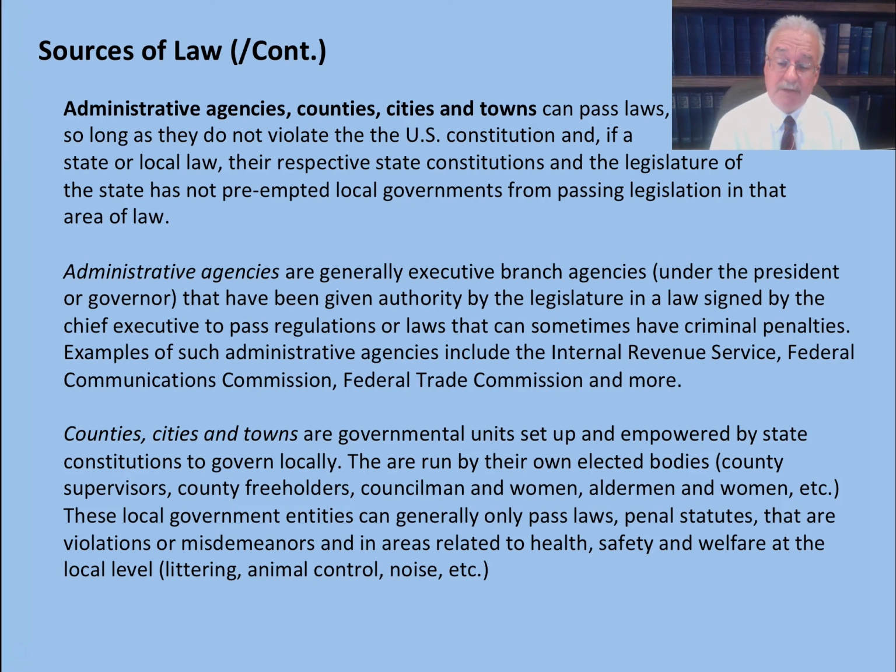These local government entities can generally only pass laws, penal statutes, that are violations or misdemeanors, and in areas related to health, safety, and welfare at the local level: littering, animal control, noise, building code violations. So those are the different sources of law that we have in the United States.